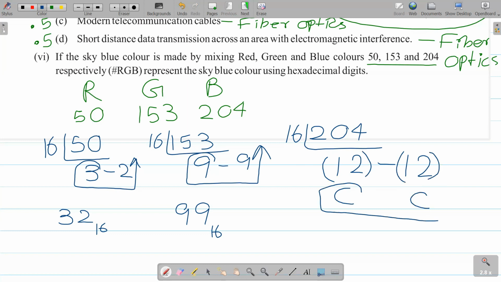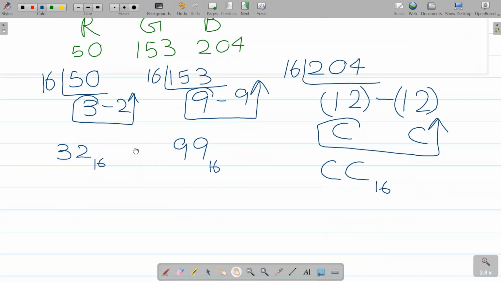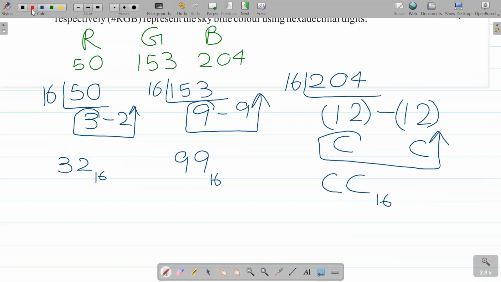So your answer is going to be CC in hexadecimal. You can represent the answers separately, or else you can represent this as a hexa value as well: hash 3299CC. Even that will give you the marks.